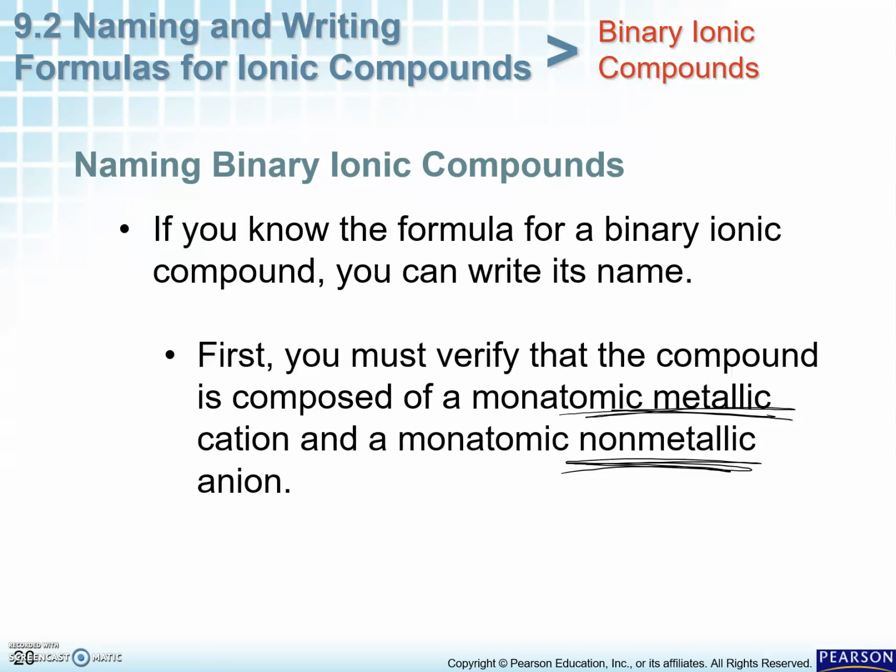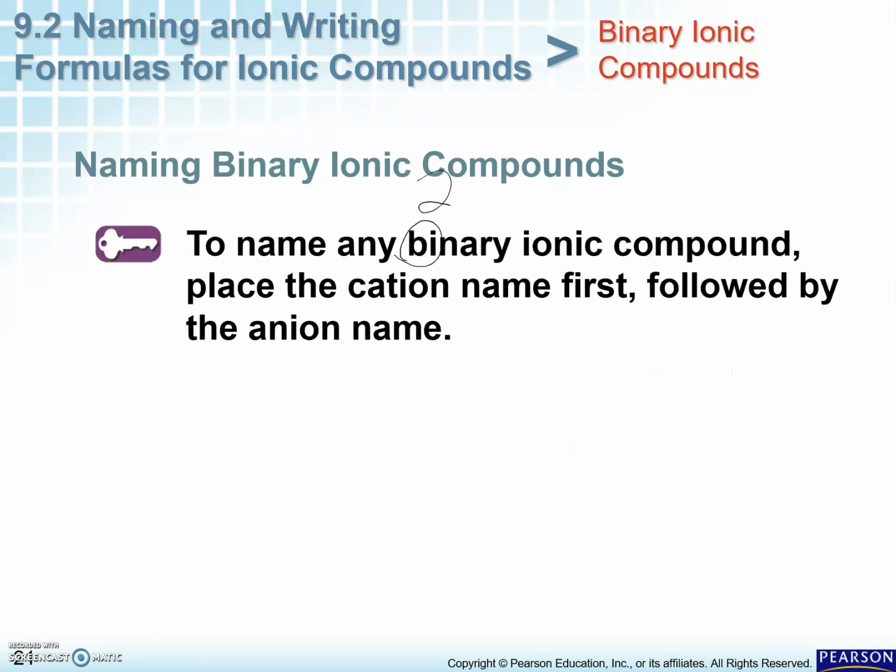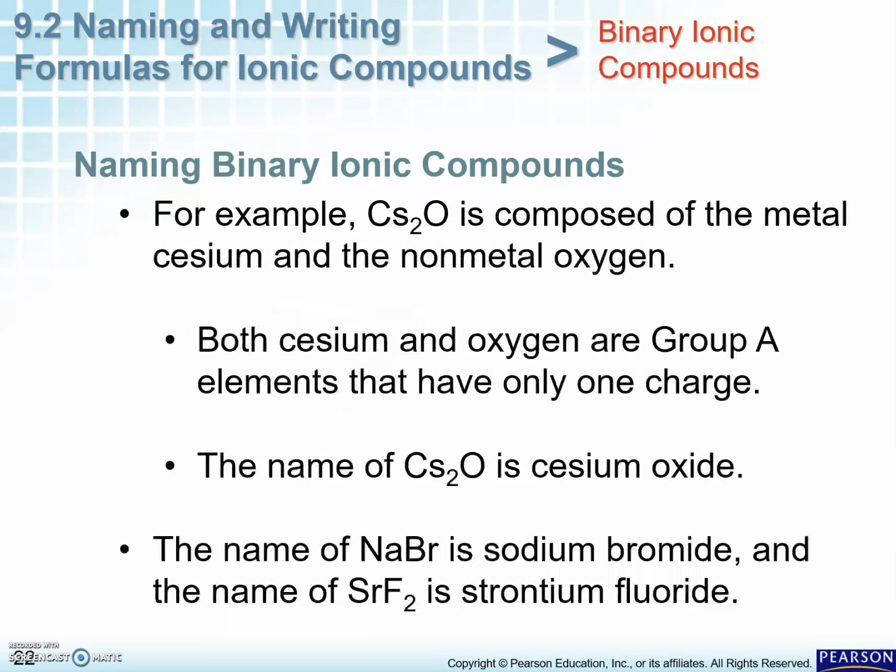But when it comes to your midterm, you have to make sure that you know that you are combining a metal and a non-metal. So to name any binary, again, bi means 2, ionic compound, you're going to take your cation first, just like how you write the formula, followed by the anion second, just again like you write your formula. So let's take a look at an example.